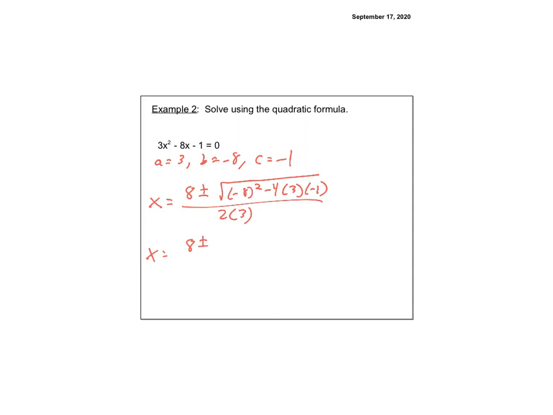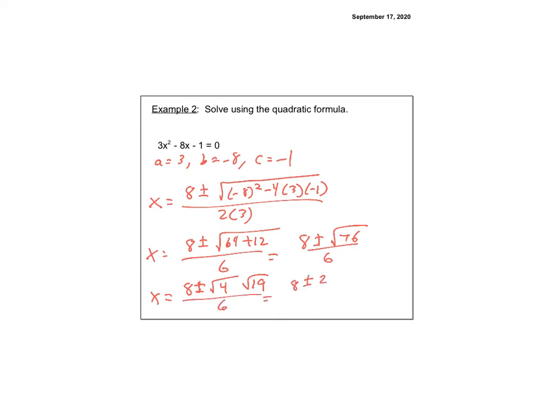So that's 64 plus 12 all over 6. 76 all over 6. And 4 goes into that. So I can break this down as the square root of 4 and the square root of 19, all over 6. Square root of 4 is 2.